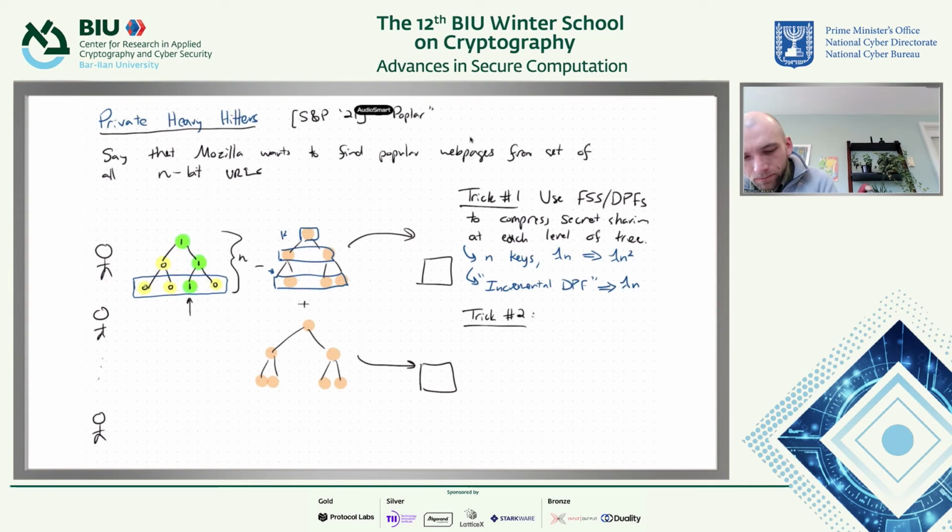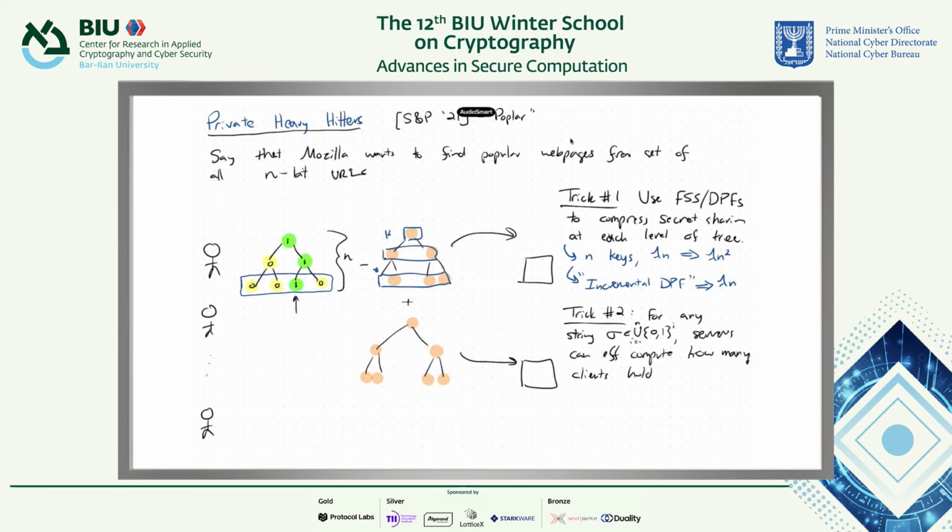The trick is just that for any string that's between 0 and n bits long, I'll write this, the servers can efficiently compute how many clients hold strings beginning with this prefix sigma.